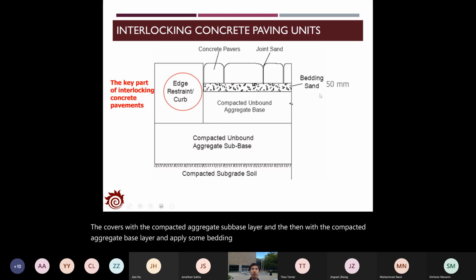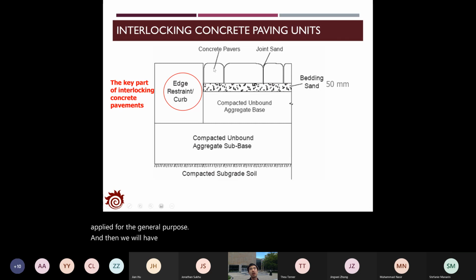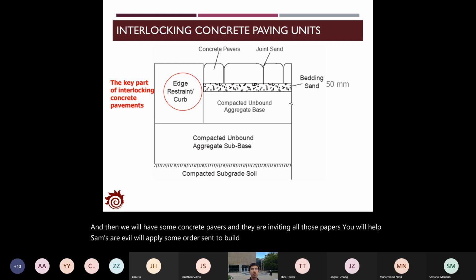As I said, the bedding sand is mostly applied for drainage purposes. Then we will have some concrete pavers, and in between all those pavers, we will apply some sand to increase the shear force between different pavers.